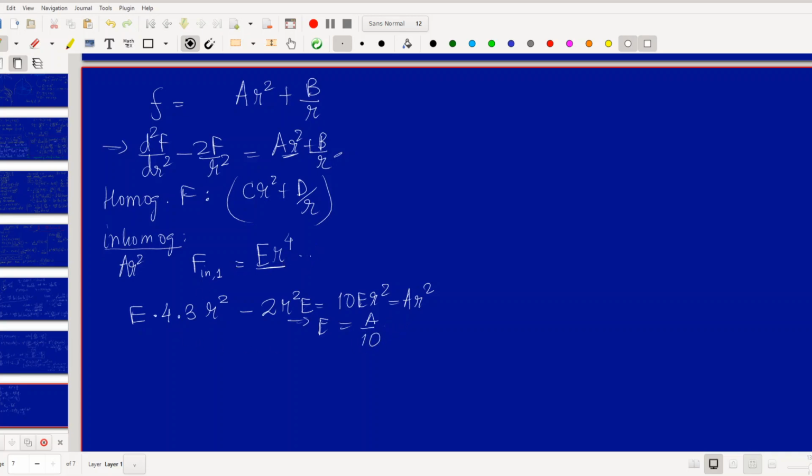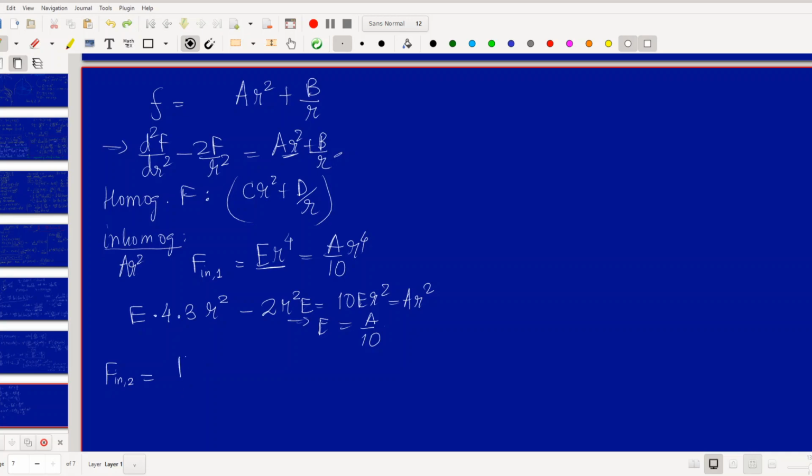So the first inhomogeneous term becomes a upon 10 r to the power 4. What about the second inhomogeneous term? F inhomogeneous 2. So if we have to match the solution with b upon r, then f has to be of the form r.